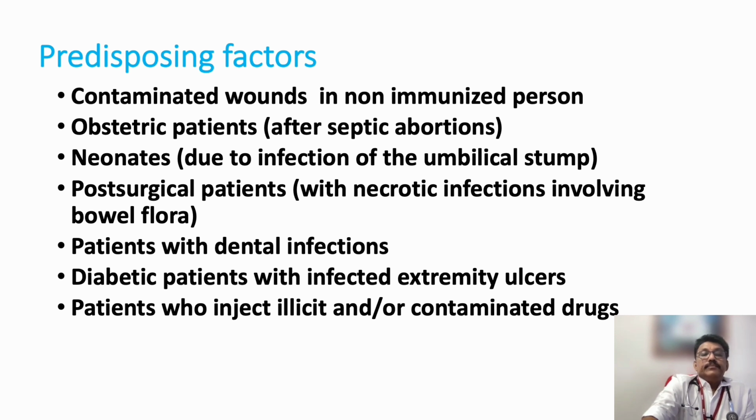Obstetric patients after septic abortions, neonates with infection of the umbilical stump, post-surgical patients with necrotic tissues involving bowel flora, patients with dental infections and after some dental procedures, diabetic patients with infected extremity ulcers, patients who inject illicit drugs or use contaminated syringes. All these things are predisposing factors.